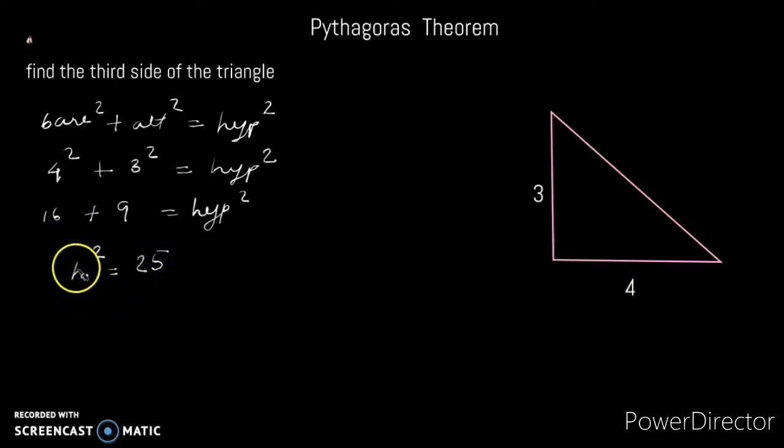Now we got the square of the third side, but we need the third side, not its square. So we'll just take the root of the answer. Root of 25 is equal to 5. So we got the answer, which satisfies the triangle. Now let's do another problem.